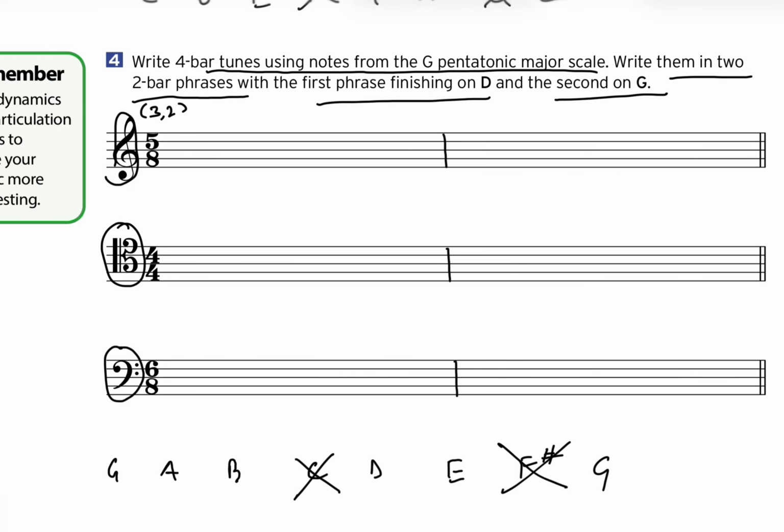So let's start. We'll start from, say, G note here. Let's make it a quarter note. Then we'll start from, okay, sorry, we have to make 2 bar phrases. That means we need 4 bars.